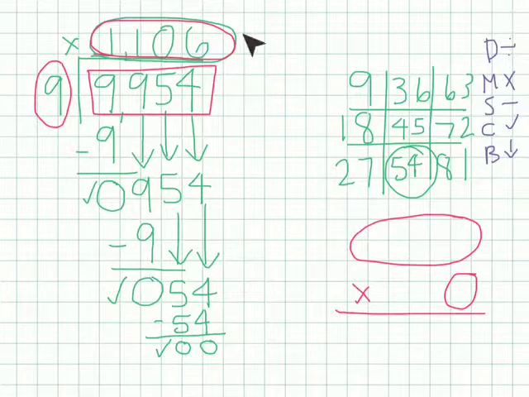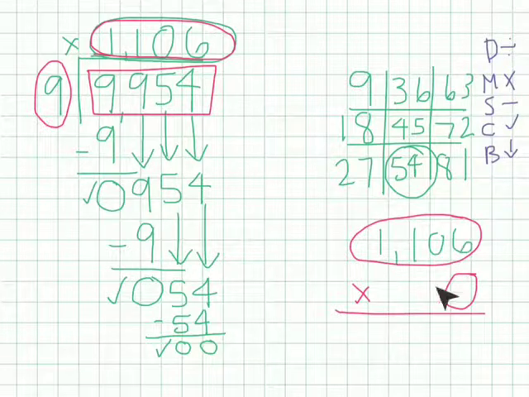I'm going to check to see if this quotient is the right answer. So I have already written in my scaffolding here in this pink color, which tells me that 1,106 should be written here. So I will do that. 1,106.